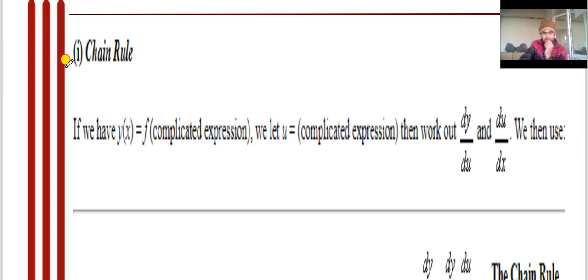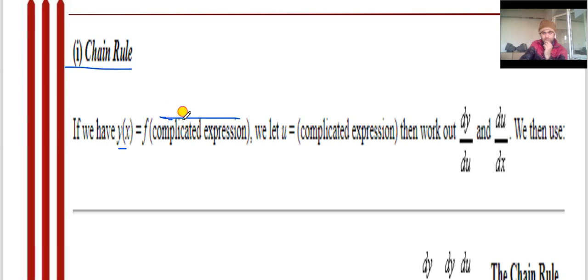One is the chain rule. So what is the chain rule? Suppose we are given y, which is a function of a complicated expression of x. You assume this complicated expression as u.